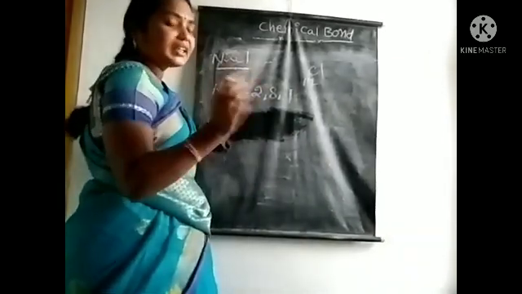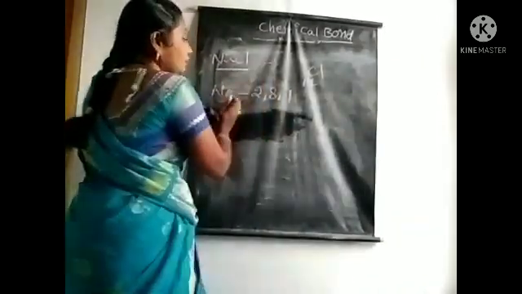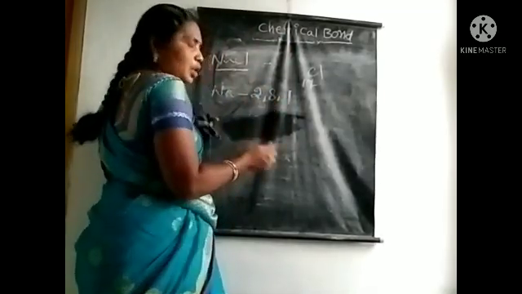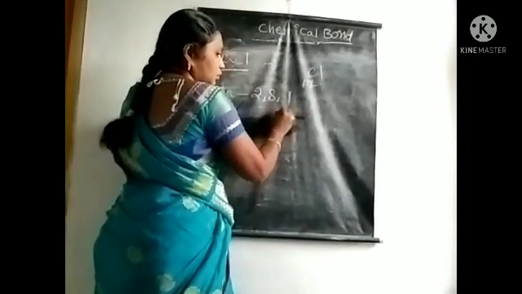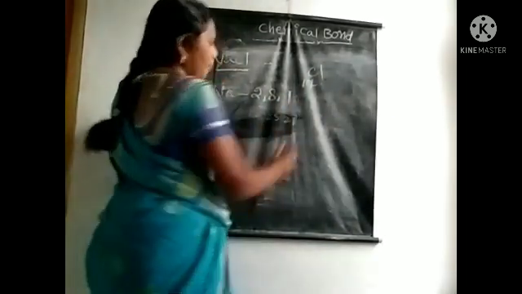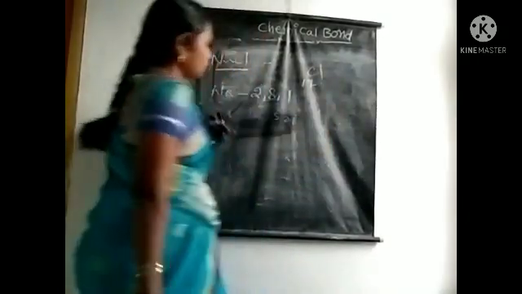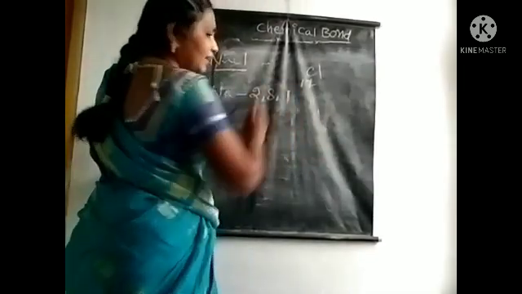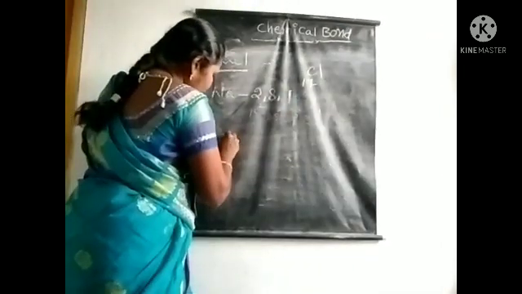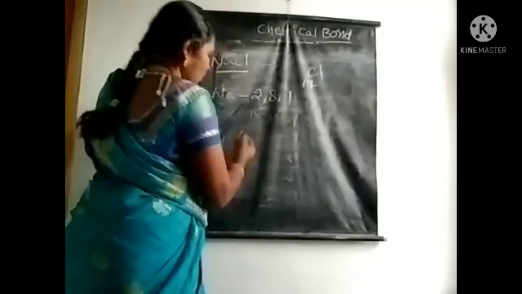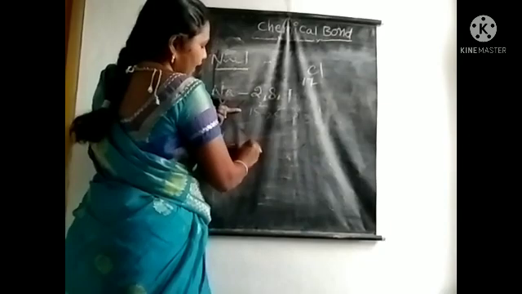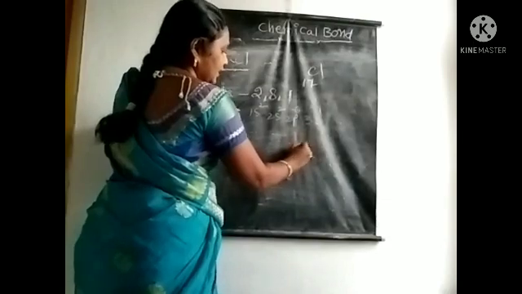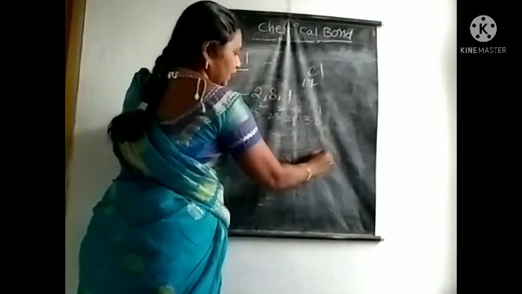We can write this neatly with electronic configuration. Sodium: 1s2, 2s2, 2p6, 3s1. Chlorine, atomic number 17: 1s2, 2s2, 2p6, 3s2, 3p5.